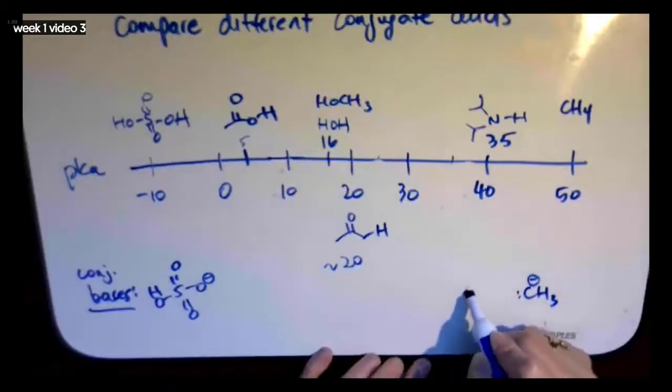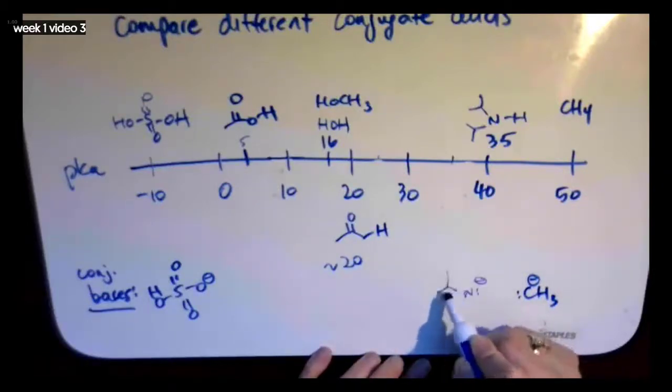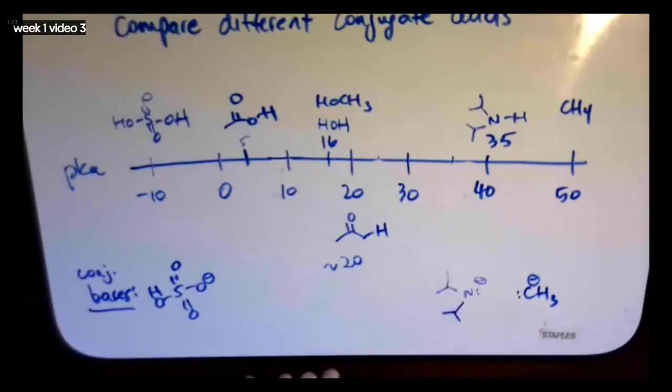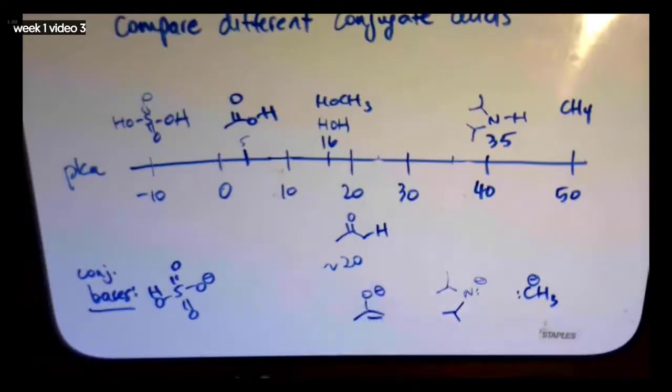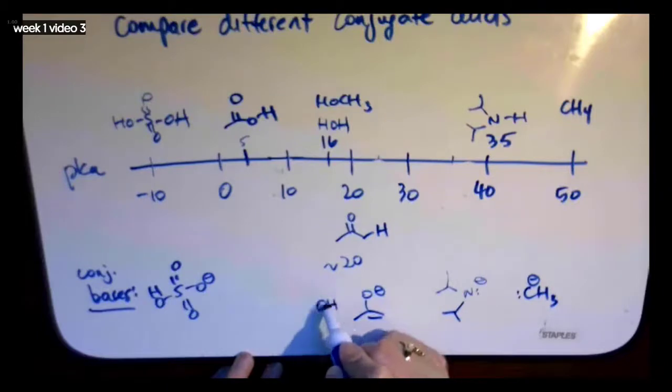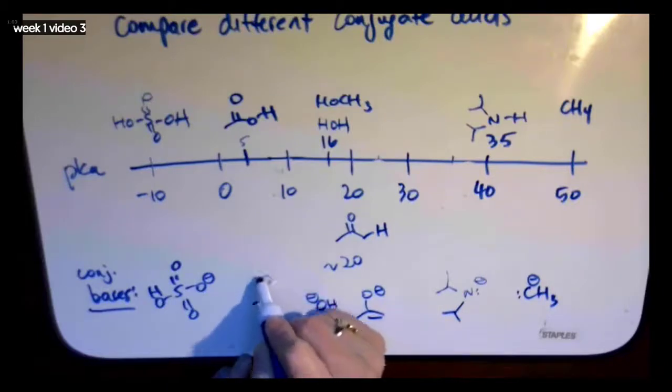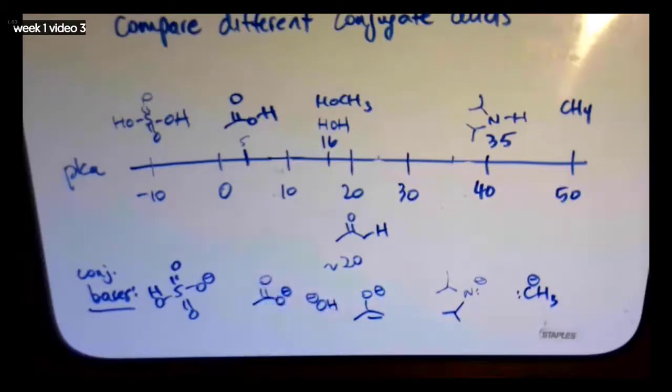And then we can keep going, right? The amide, the enolate, hydroxide, acetate from acetic acid, right? So these are all the conjugate bases, sorry, for the acids that I drew up above.